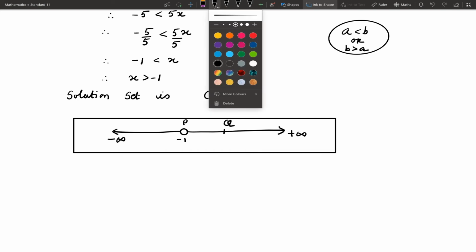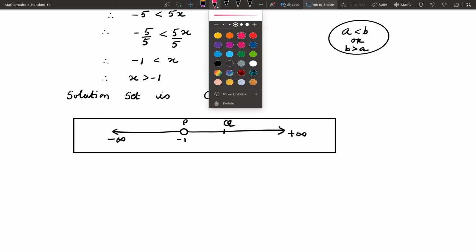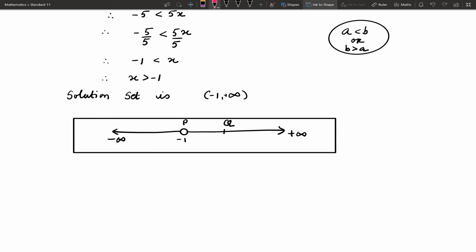The solution portion we denote by a bold part. And in this case, to denote the open interval minus 1 to plus infinity, the solution is, you can denote by ray pq minus, since we have to omit p, you can also denote like this.